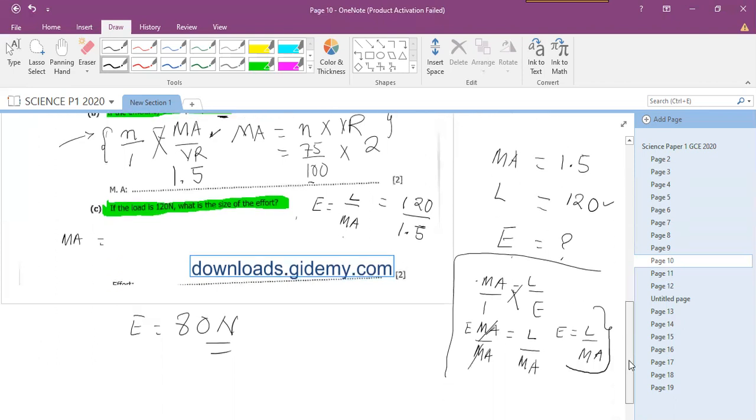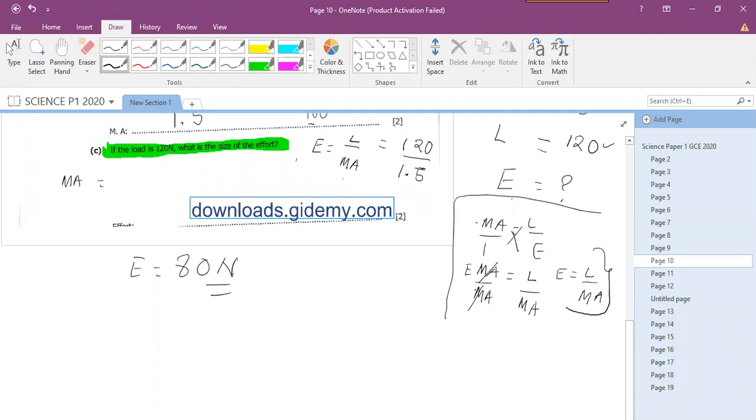Once more, we have to do algebraic manipulation where we make effort the subject of the formula. We cross-multiplied and ended up with effort multiplied by mechanical advantage equal to the load. We divided both sides by mechanical advantage, and this equation resulted: effort is load over mechanical advantage.